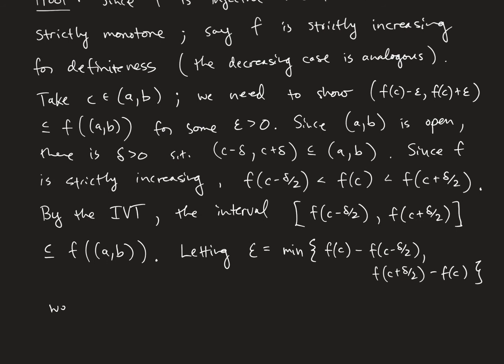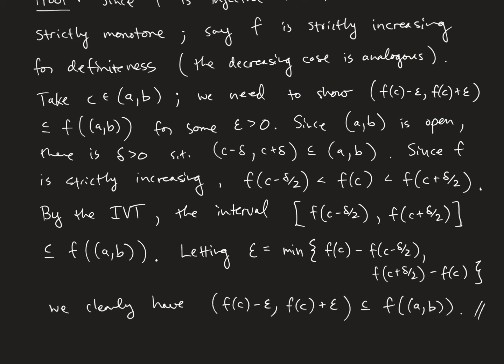We clearly have that the interval f of c minus epsilon, f of c plus epsilon is contained in the image. And that does it. That completes the proof.